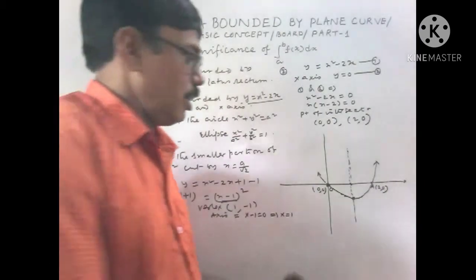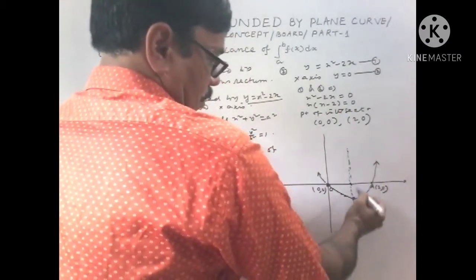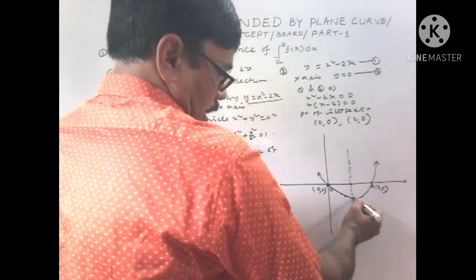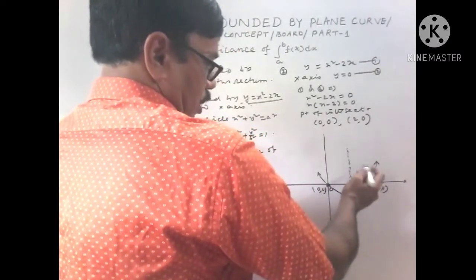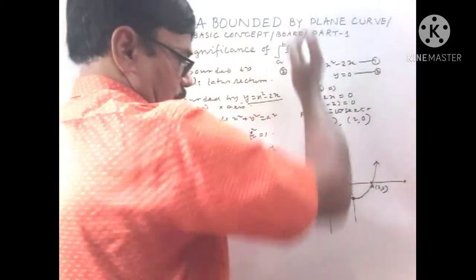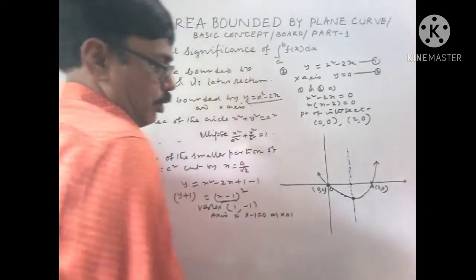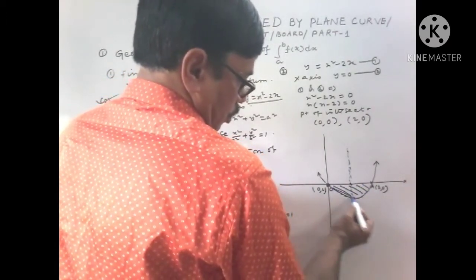And since it opens upward, the vertex will be in the 4th quadrant, because to pass through these 2 points, otherwise you get a figure like this. And this one is the general method. So this is the shaded portion.